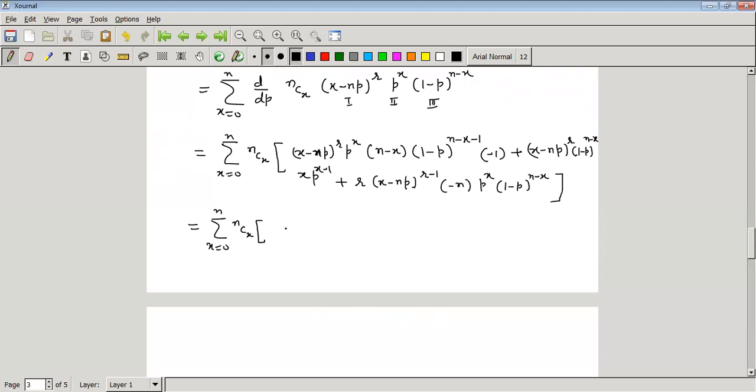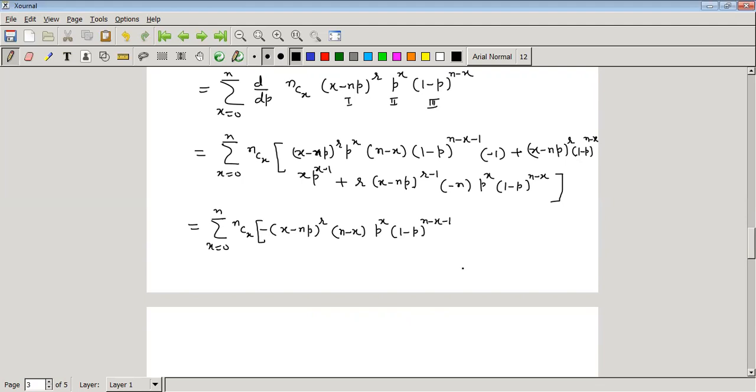So we can write this as (x minus np) to the power r into, we can take minus to be common, so we can write this as minus (n minus x) p to the power x (1 minus p) to the power n minus x minus 1.